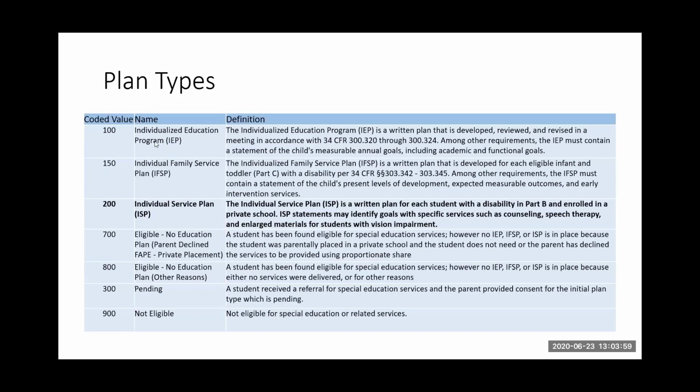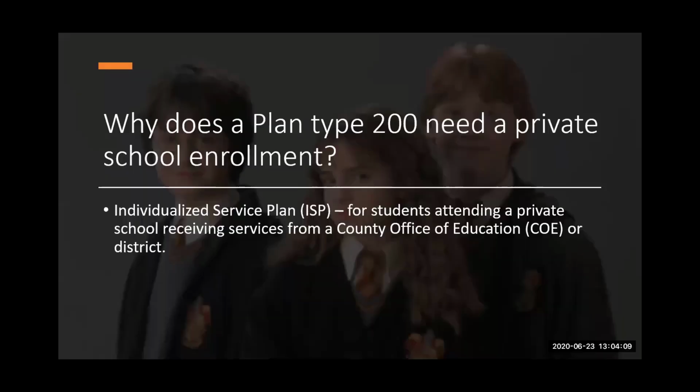So if you want to know why a student is expected to have a private school enrollment, by definition, the ISP says the student has a private school enrollment. And so the question is, why does a plan type 200 need a private school enrollment? The individualized service plan is for students attending private schools receiving services from a county office or district.